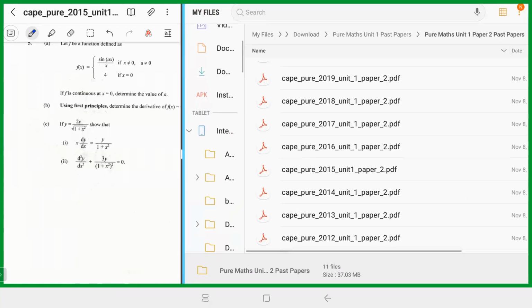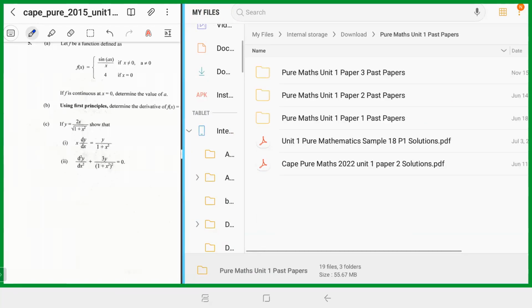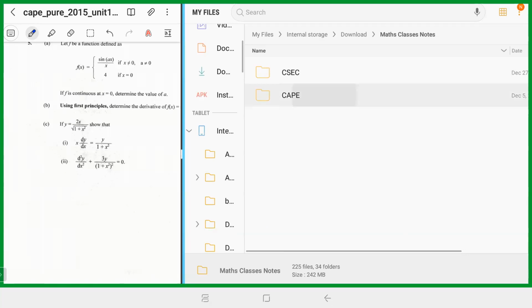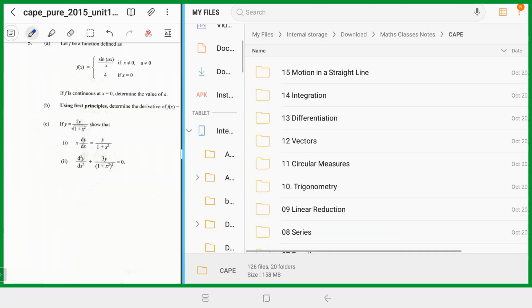Let's bring it up. Screenshot it and do it.